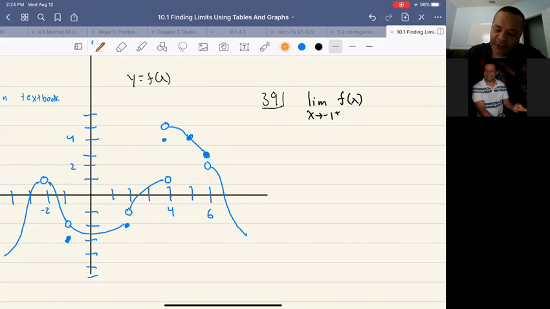Now this little positive sign indicates that we're coming from values greater than -1. Another way that I might say it is from the right.